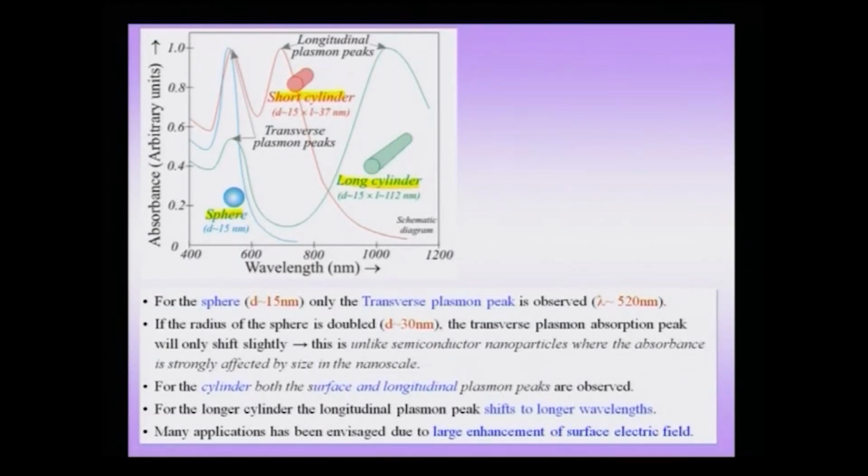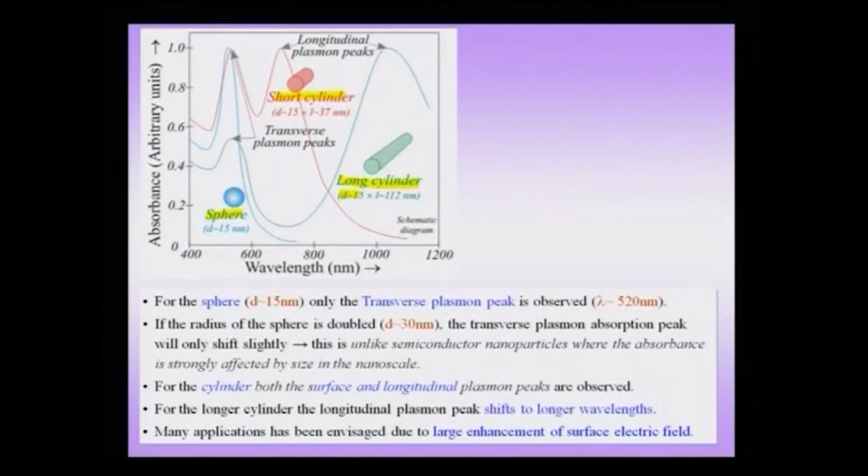In other words, a sphere can be characterized by one dimension, which is just the radius of the sphere, while on the other hand, if you have a long cylinder, not only do you have to specify the diameter of the cylinder, but additionally you have to specify the length. That means two dimensions characterize a cylinder, and a sphere can be thought of as a quantum dot or a 0 dimensional system.